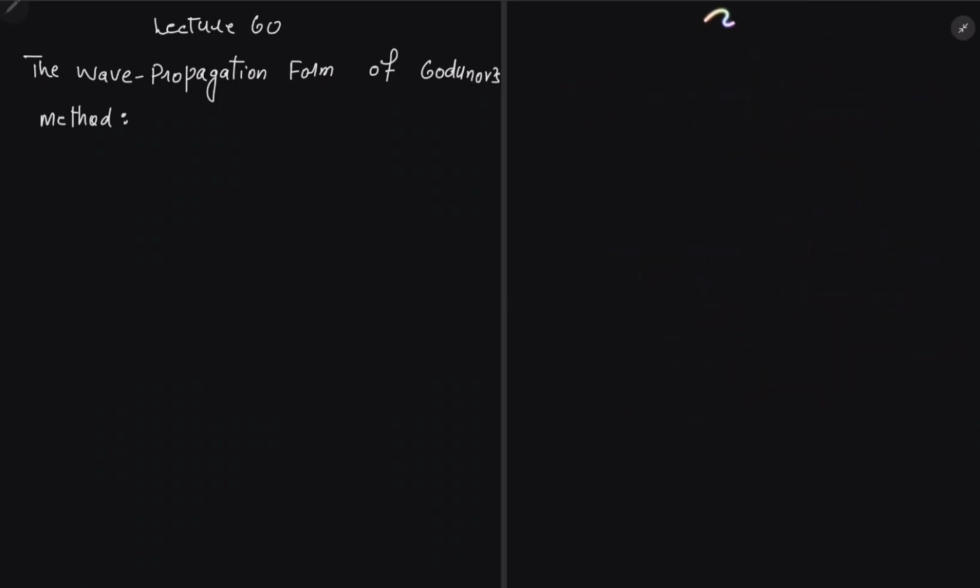Similarly, if I talk about the Godunov's flux, what does Godunov's flux mean?